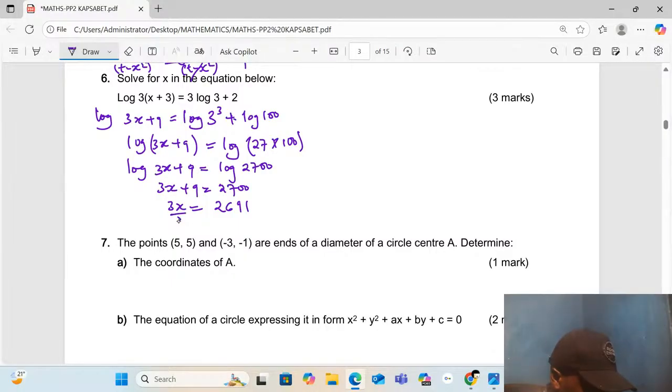For us to get x, we divide by 3. Now our value of x becomes 897.